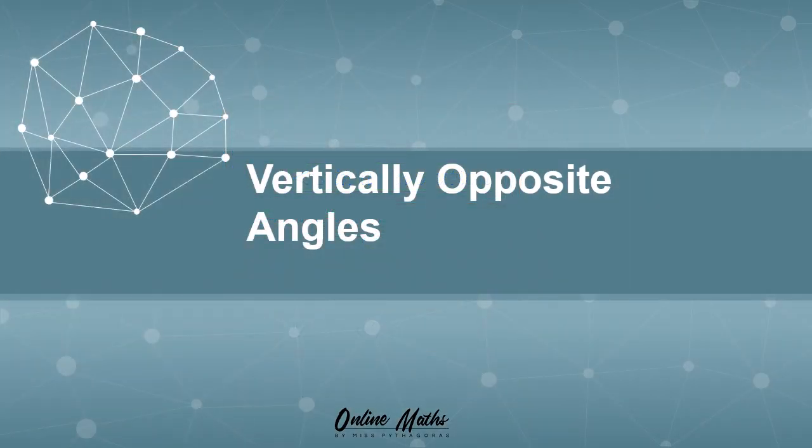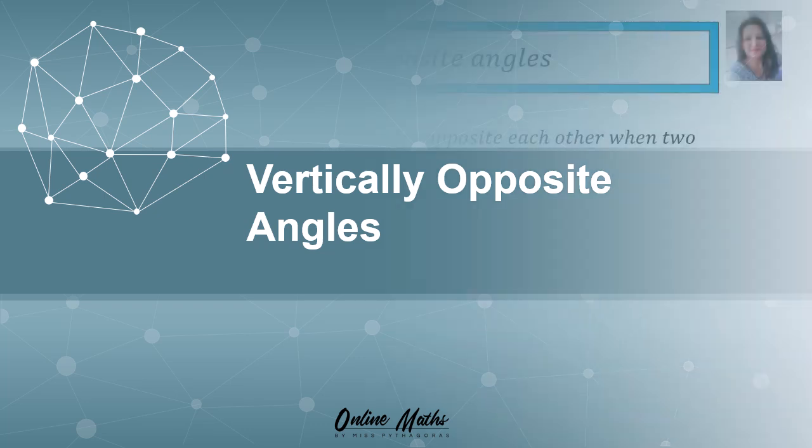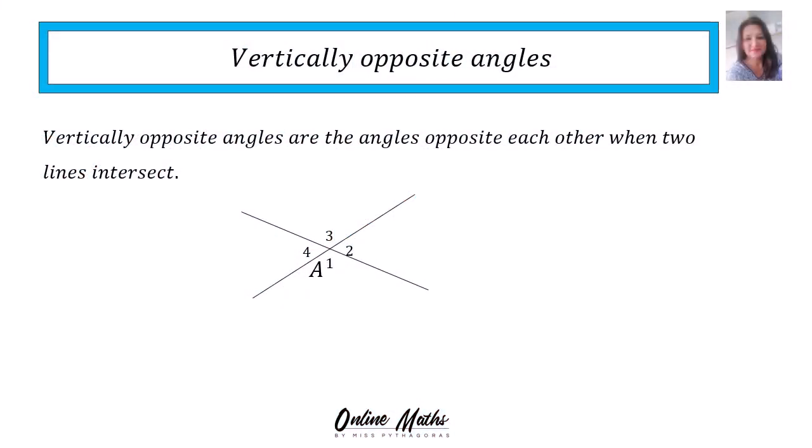Now I want to explain everything about vertically opposite angles. Now, what are vertically opposite angles? Vertically opposite angles are the angles opposite each other when two lines intersect. Remember, when lines intersect, that means they cross each other.